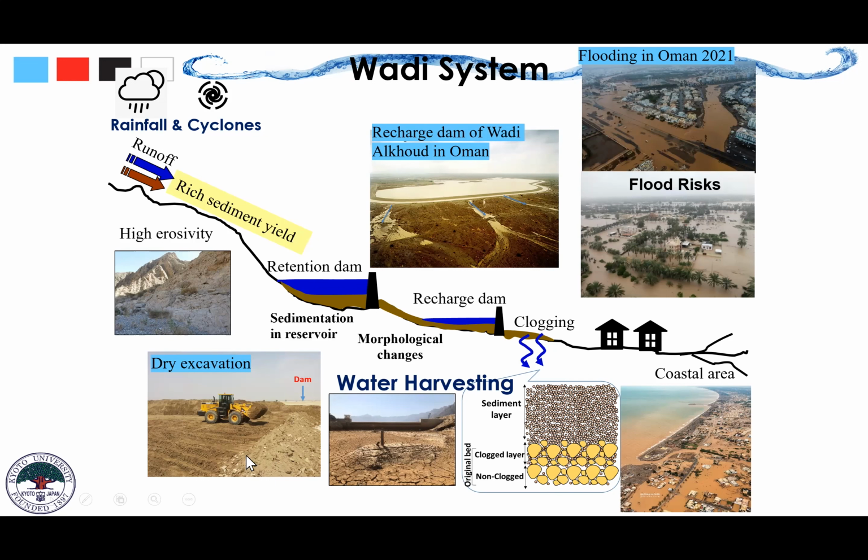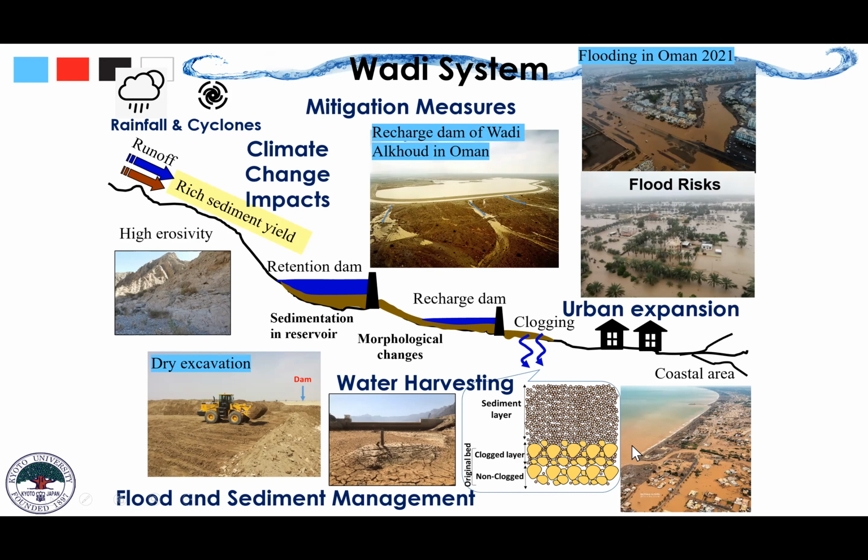We have many sediment management options like dry excavation or other options, but as I mentioned, important drivers are climate change impacts, flood, and sediment management. All of this should also be linked with urban expansion, because many people are constructing their houses in the way where the flooding exists.